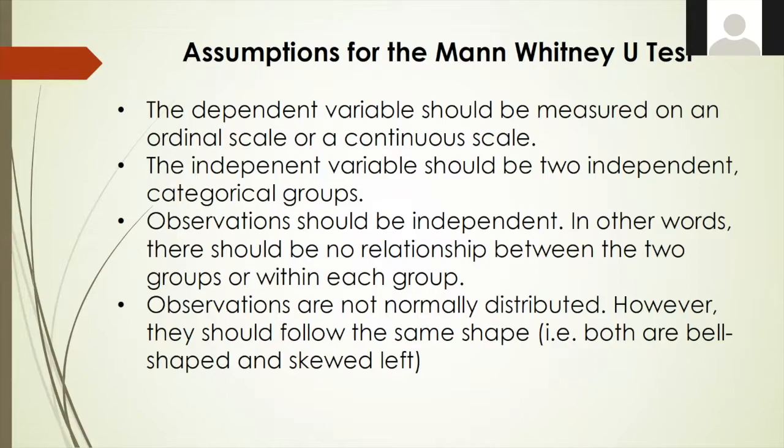In other words, there should be no relationship between the two groups or within each group. And the last one, observations are not normally distributed. However, they should follow the same shape. Example, both are bell-shaped and skew left.